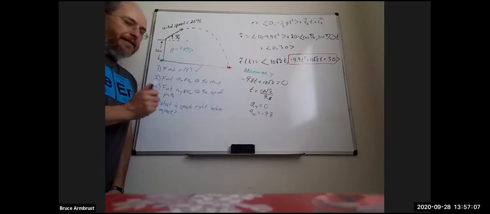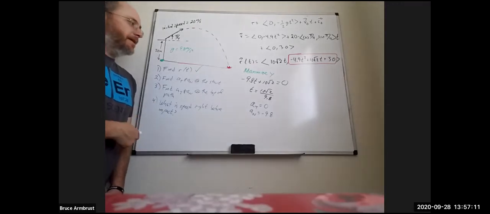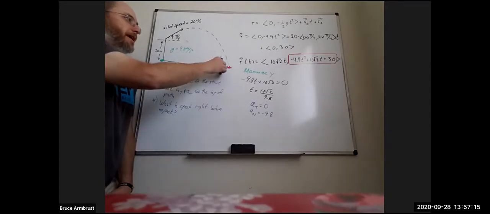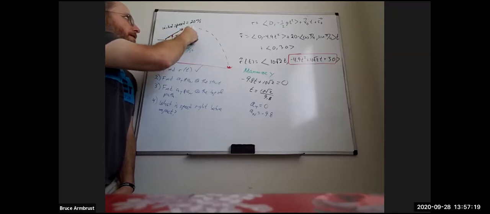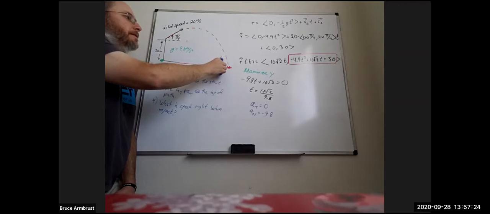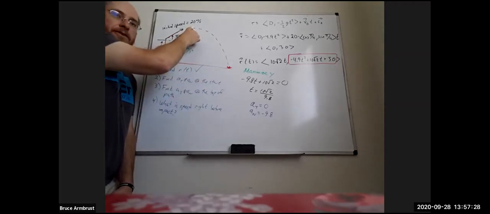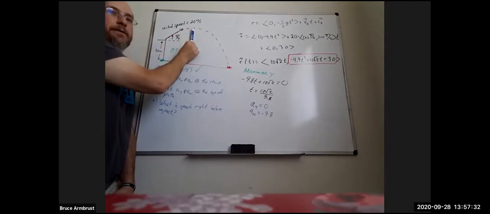And this should make sense anyway, even if you don't run the numbers. Because think about this. Think about just acceleration. Only acceleration is gravity. Gravity is always pointing downwards, right? So wherever we are, here's our A vector. When we're at the top, that vector is normal to the path, right? It's going straight up and down.